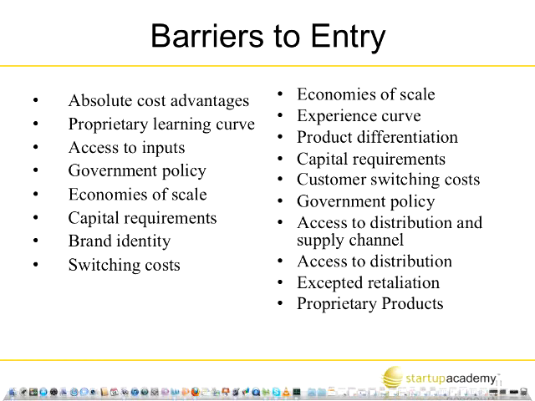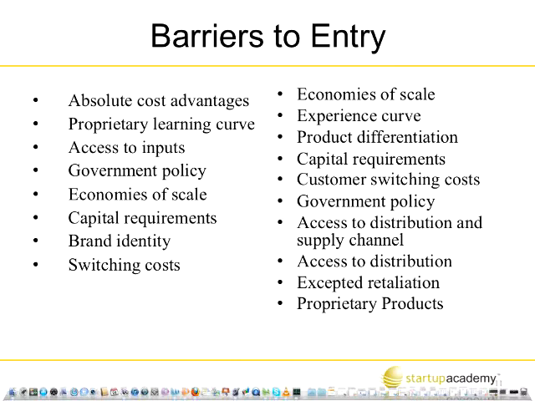Now, that's not good for us because we want to be in this business. So we would like to enter the market. If there are lots of barriers or high barriers, that's not helpful to us. But let's assume that we are in this industry. We were successful in getting in. Now, we want high barriers. Why?